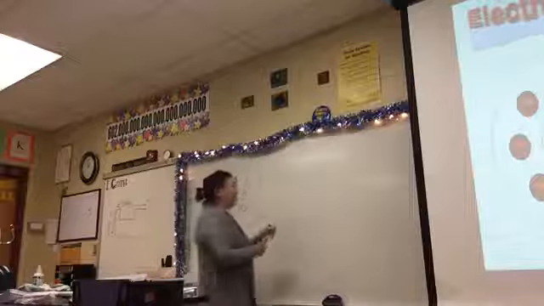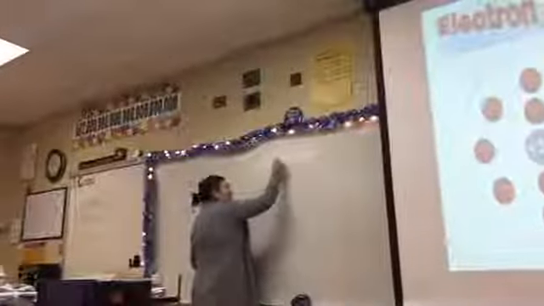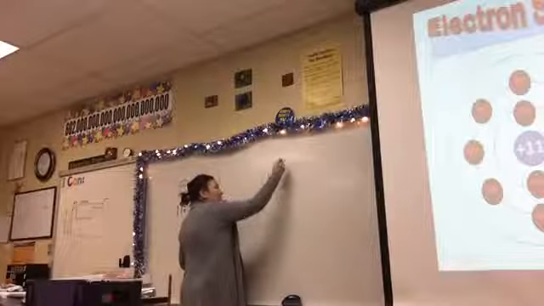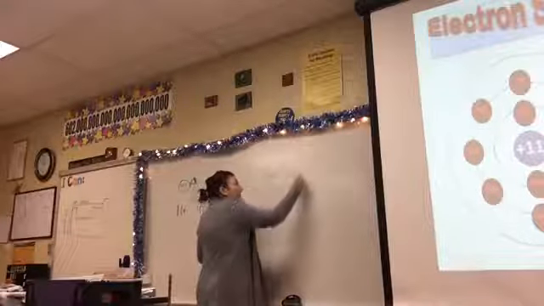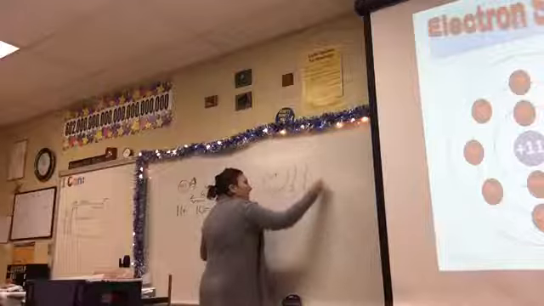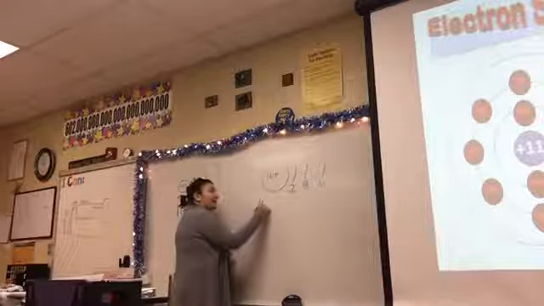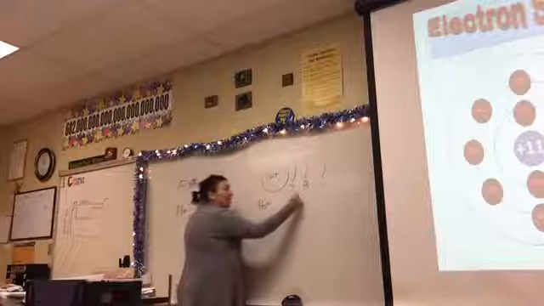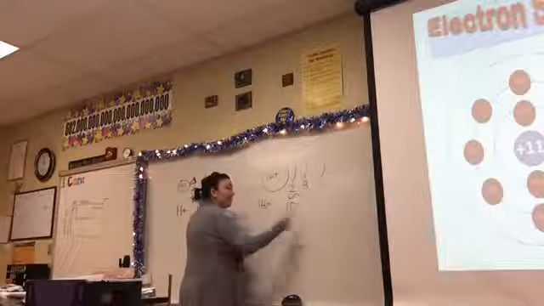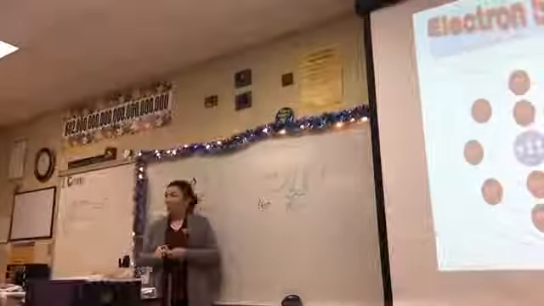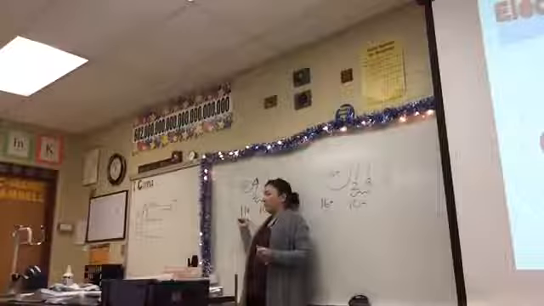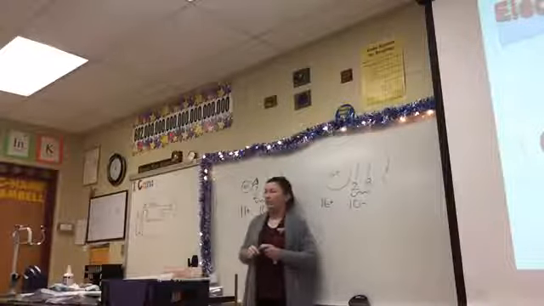If you look at something like sulfur, sulfur has 16 protons, 2, 8, and 6, right? Now we've got 16 protons coming up against 10 electrons. Which is a better defense, sodium or sulfur?